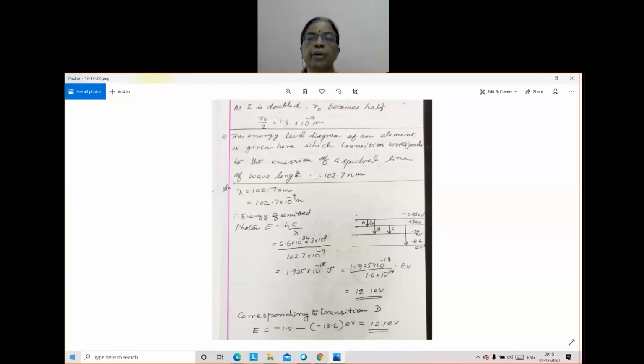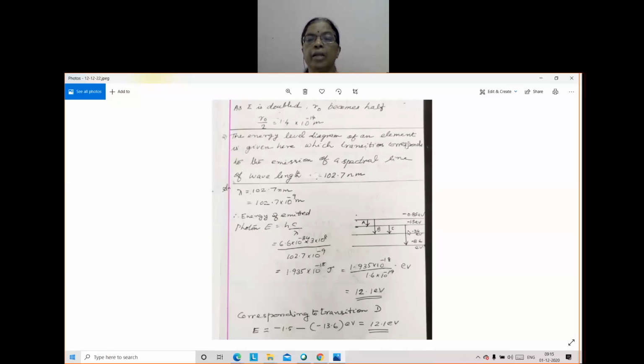From this to this, there is no 12 coming, minus 1.5, minus 0.85, this will never give 12. And this also, there is no 12 here or more than that. But only here you can see 12 coming. When we find the difference, the higher energy level will have more energy.